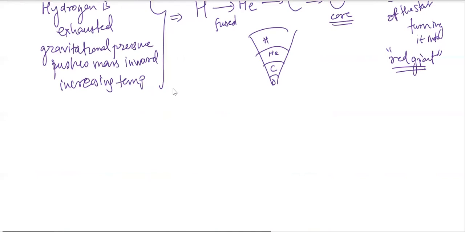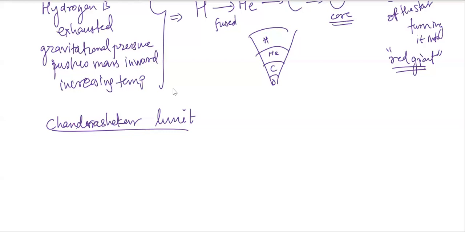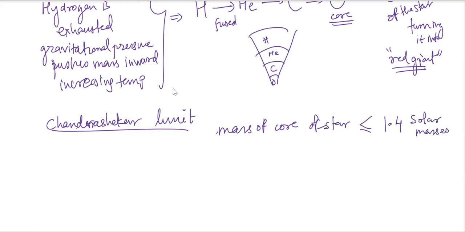Now, there is something that we call the Chandrasekhar limit. According to the Chandrasekhar limit, if the mass of the core of the star is less than 1.4 solar masses, like 1.4 times the mass of our own sun, okay, then after death the star becomes a white dwarf.